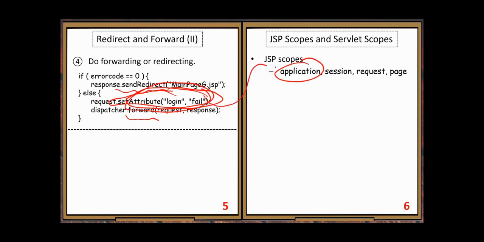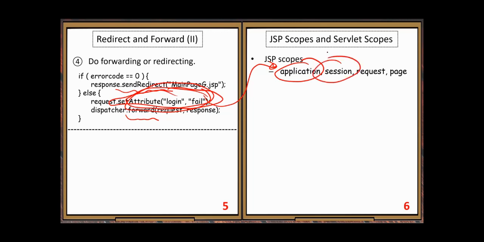But when you store data in application scope, every file inside this application can access that data. Every servlet and JSP in this web application can access this data. So that's the global scope. That is the first one.